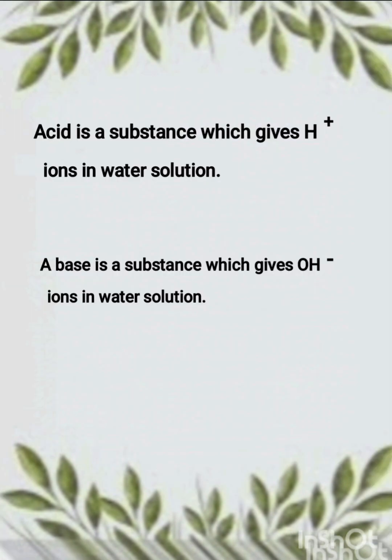How do we define acids and bases? An acid is a substance which gives hydrogen ions in water solution, while a base is a substance which gives hydroxide ions in water solution.